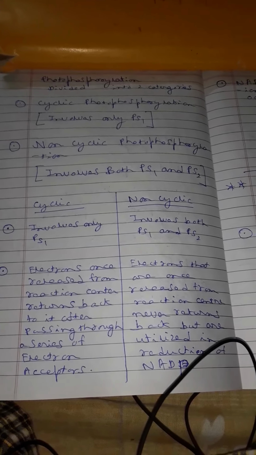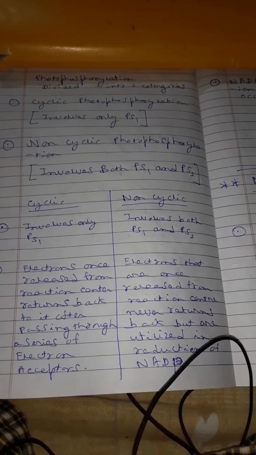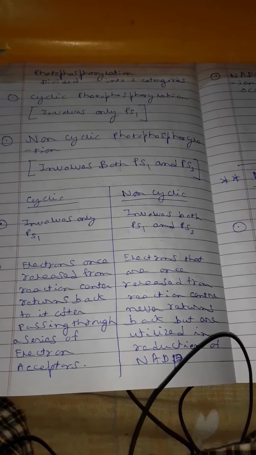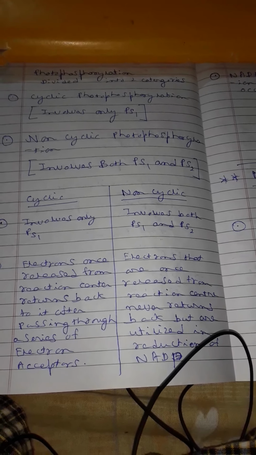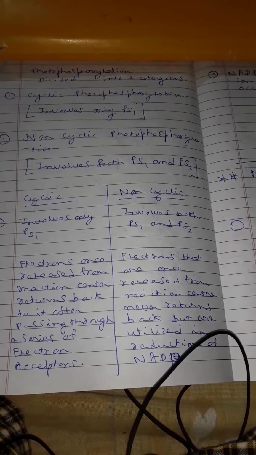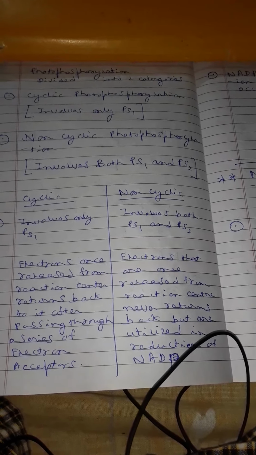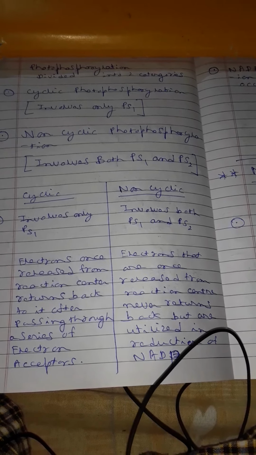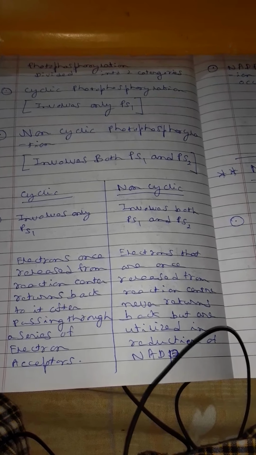In non-cyclic photophosphorylation, electrons that are once released from the reaction center never return back but are in fact utilized to form the reducing power NADPH2, that is, they are utilized to reduce NADP, nicotinamide adenine dinucleotide phosphate.